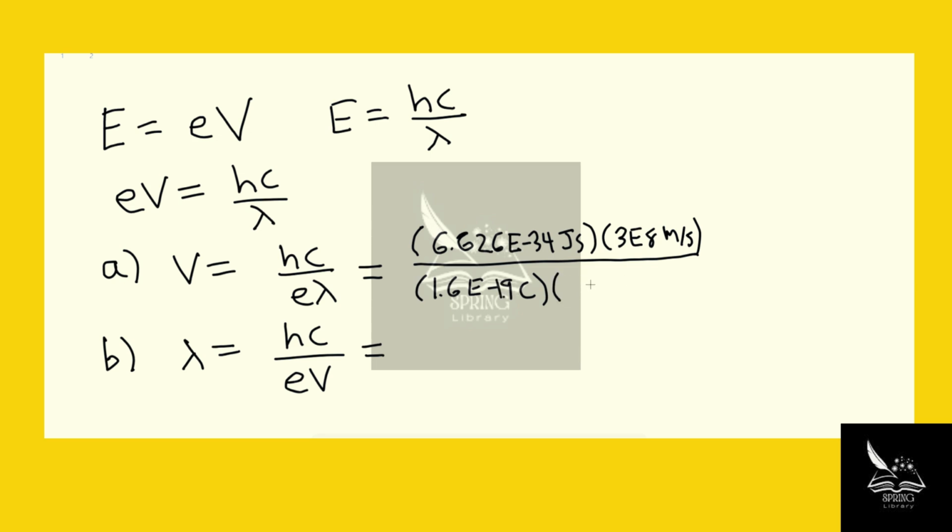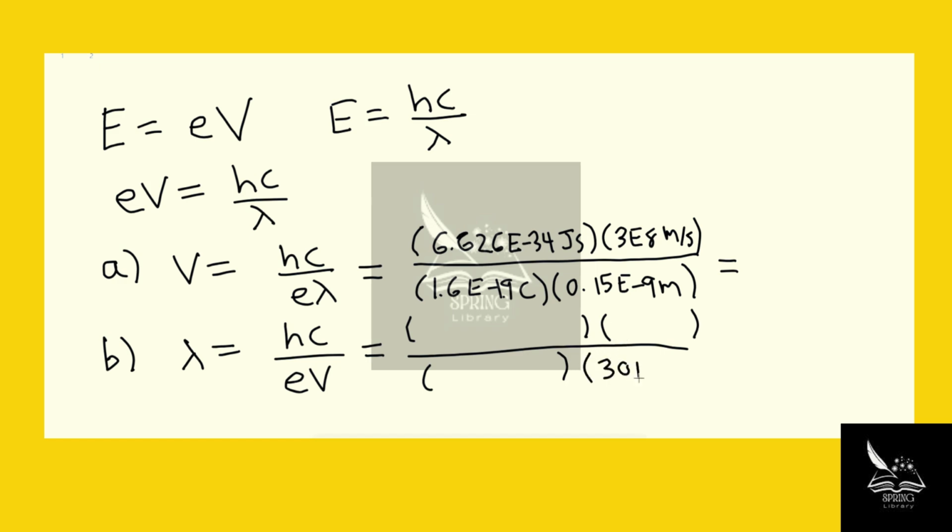And we assume that we know lambda to be 0.15 e to the negative 9 meters. And for part B, we have the same situation, same h, same c, same e. But in this case, we plug in a known voltage of 30 kilovolts, so 30 e to the 3 volts.